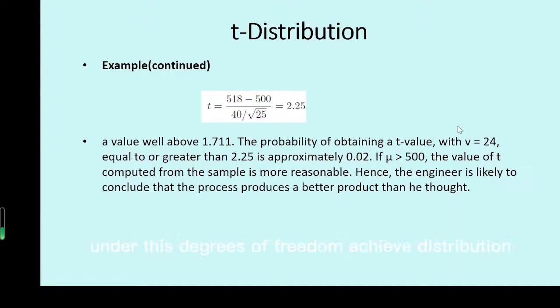Because under this degrees of freedom, a t-value of 2.25 gets an alpha value of 0.02, much less than 0.05, meaning the p-value is less than the significance level we assumed, right? So in this case, we can say the population mean is more likely larger than 500, or say the engineer will likely conclude that the process produces a better product than he thought. Because if it is 500, it's very unlikely that we'd get a t statistic of 2.25, right?